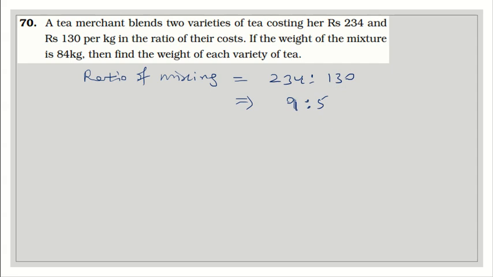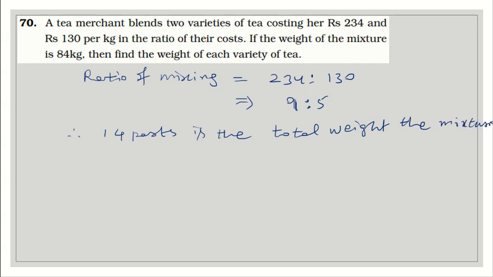Okay. That means, therefore, 14 parts is the total weight of the mixture. So the mixture will have 9 plus 5, 14 parts.